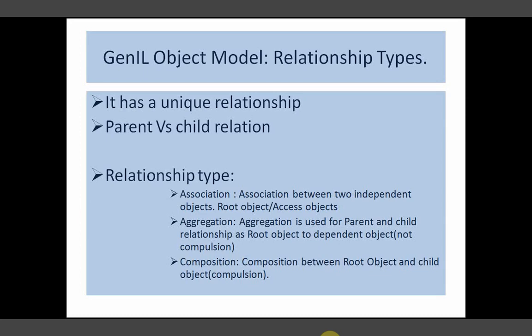The other relationship is aggregation. Aggregation is used for the parent and child relationship, from root object to dependent object. I have written not compulsion. So for example, let's take the same example, customer details and address details. In my case, sometimes I would be going with the address details, sometimes not. So it's not mandatory that I should get customer details with the address.